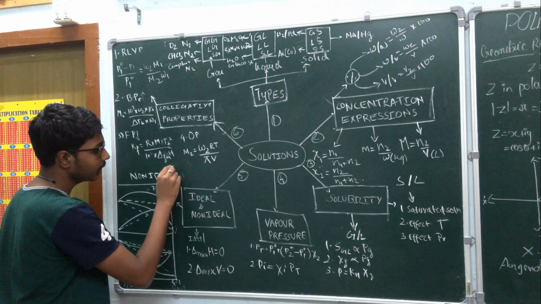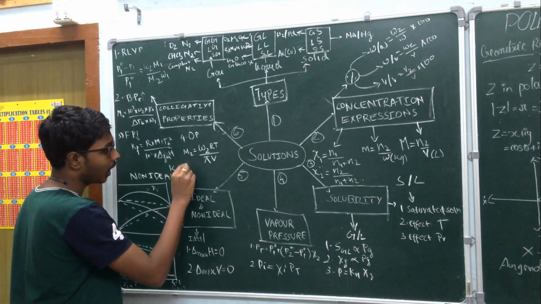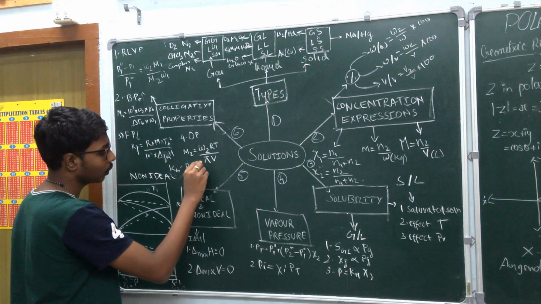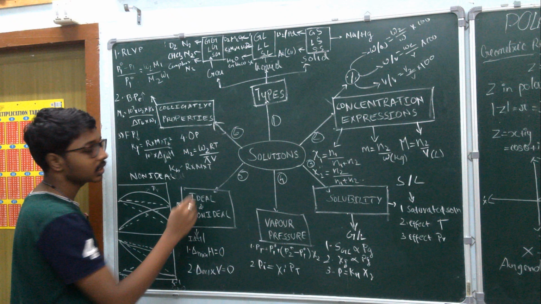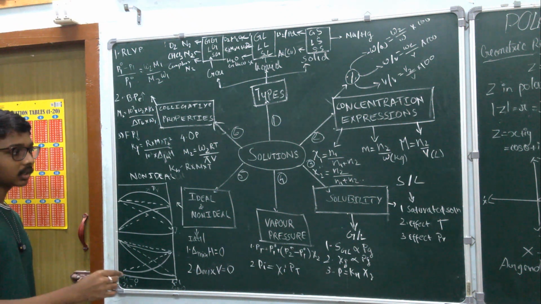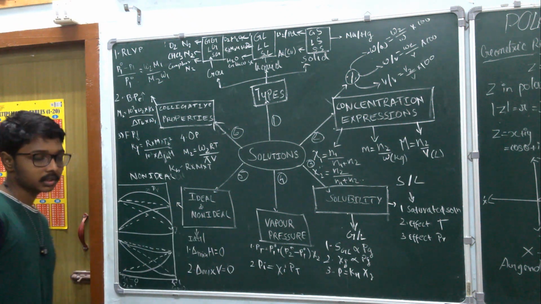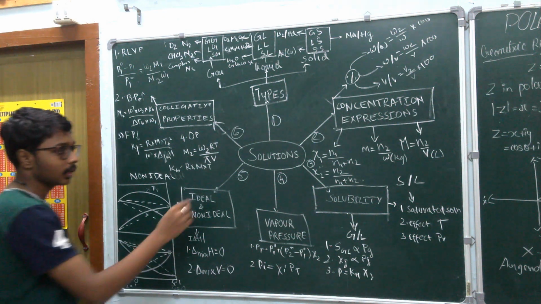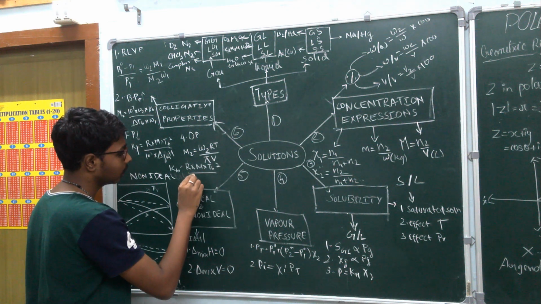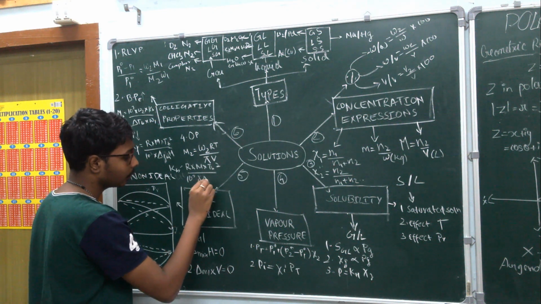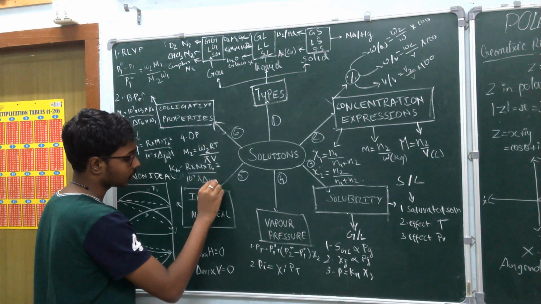Then KB is represented as R, the gas constant, into mass into TB square by 10 power 3 into enthalpy of vapor pressure. That is not total mass; capital M represents the molar mass of the solute.